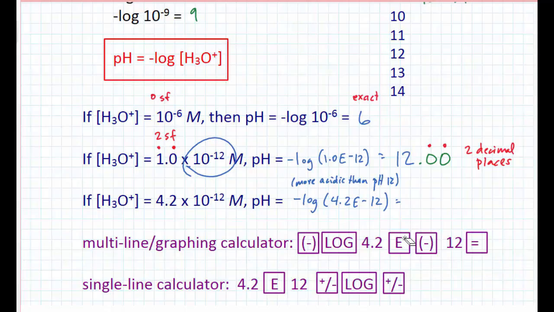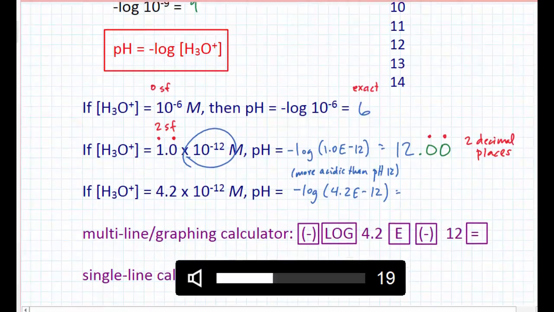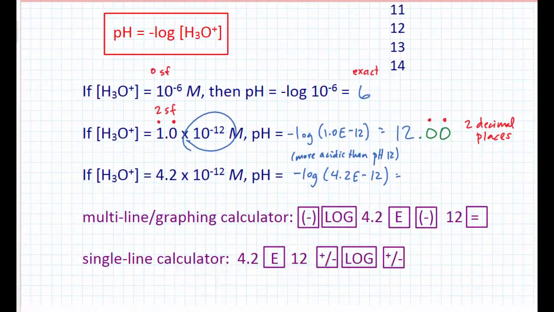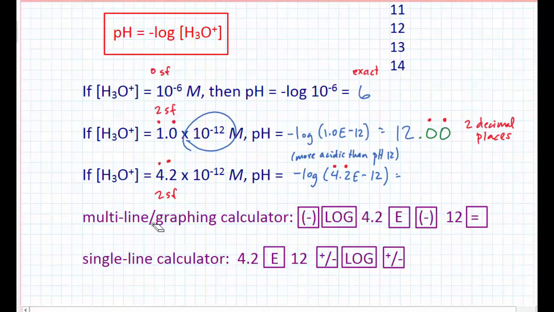Well, that's the question, isn't it? Because the number we started with had two significant figures in the scientific portion of it.